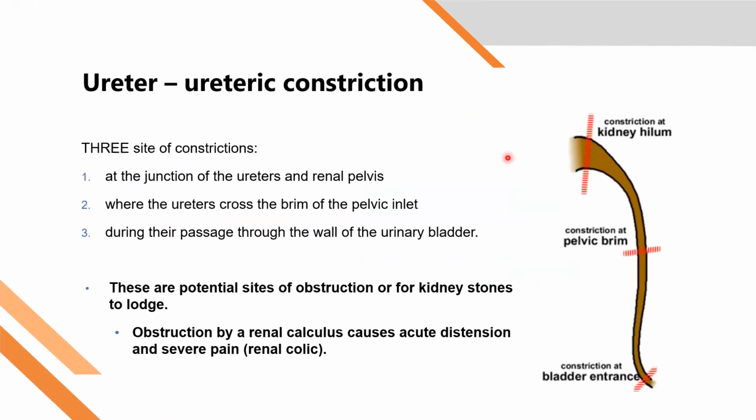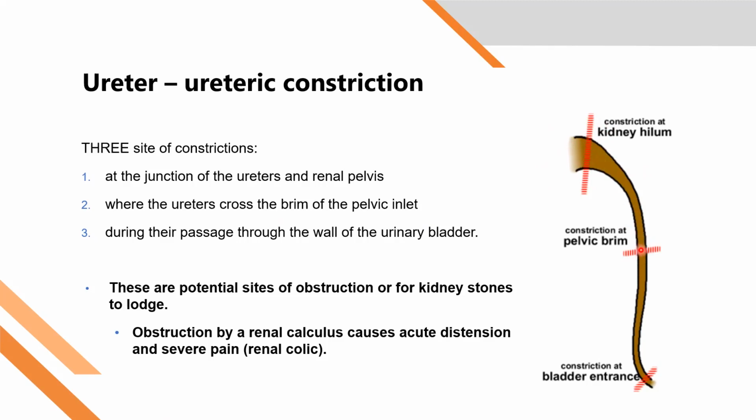There are a few sites of constriction in the ureter, which are potential sites for obstruction by renal kidney stones. Obstruction by renal calculus causes acute distension and severe pain. It's really painful. So where are all the constrictions? First is the constriction at the kidney hilum, the junction between the ureter and the renal pelvis.